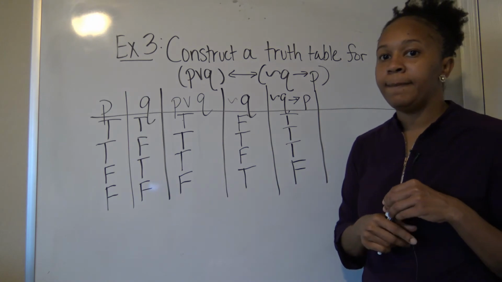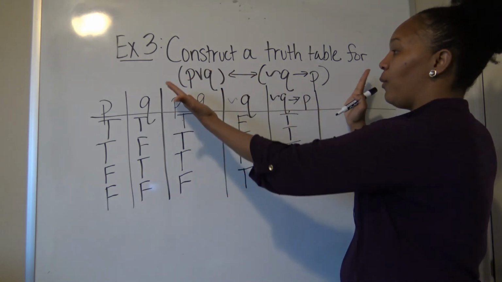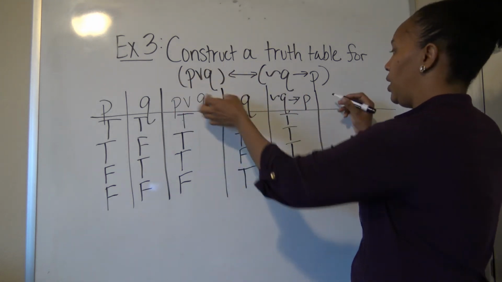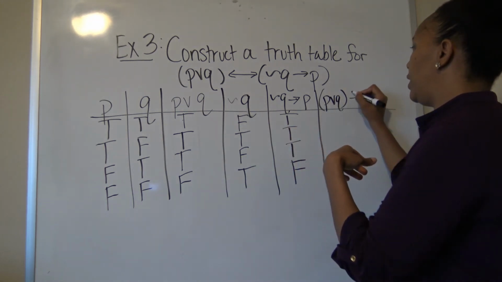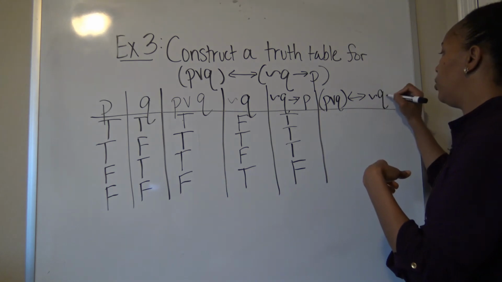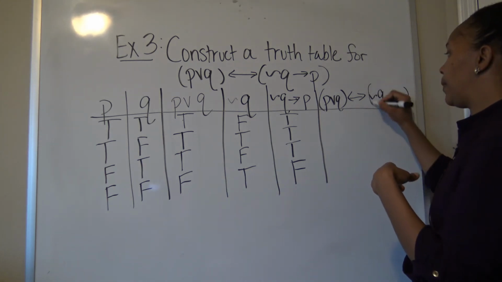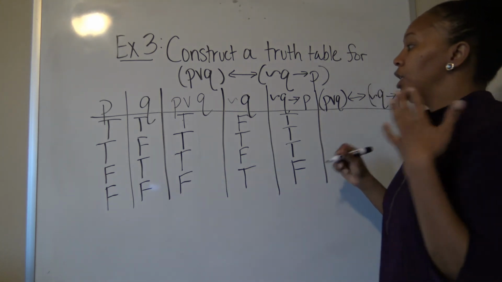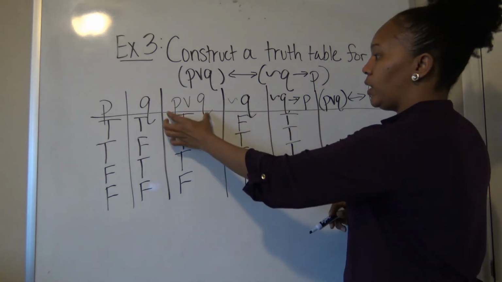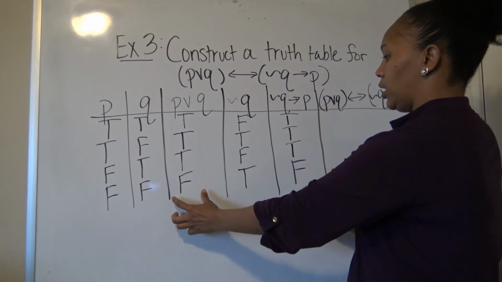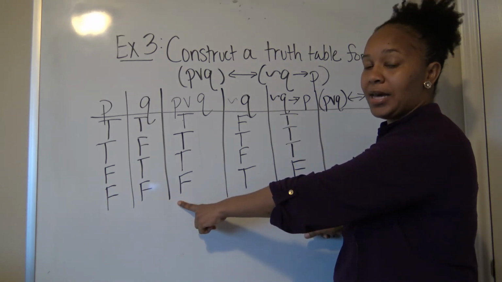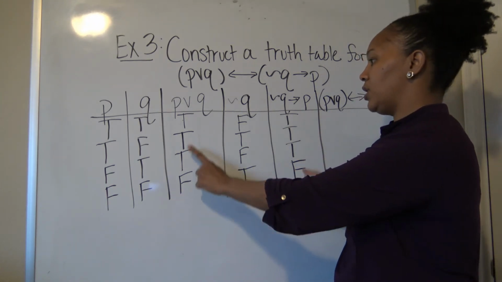All right. And now for the last part, we can actually combine these two. So I'm looking at the P or Q, if and only if the not Q implies P. So we're looking at this statement first, and this statement second. Now remember, the biconditional is true when both statements are the same.